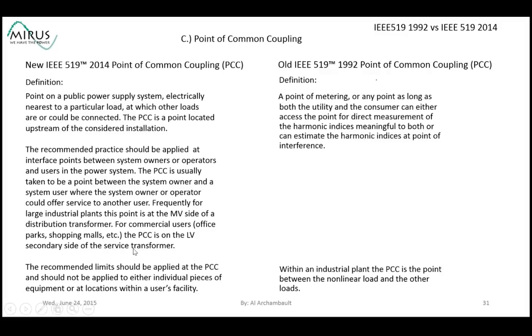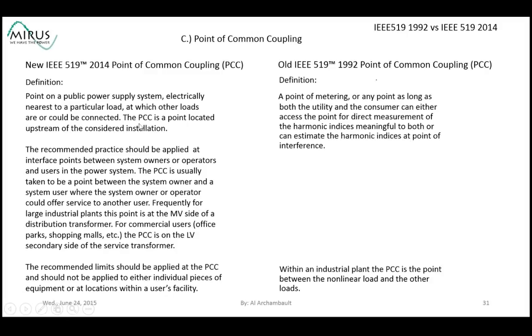The new definition, they've restricted it and pointed directly to where IEEE 519 wants the point of common coupling to be picked. So in the new definition, it's a point on a public power supply system electrically nearest to a particular load at which other loads are or could be connected.